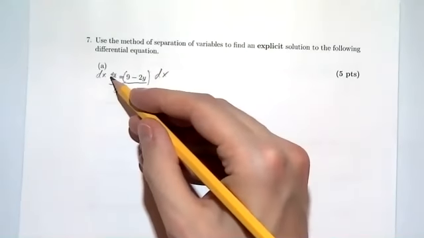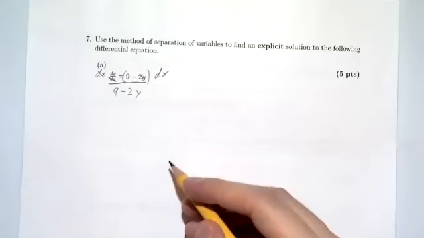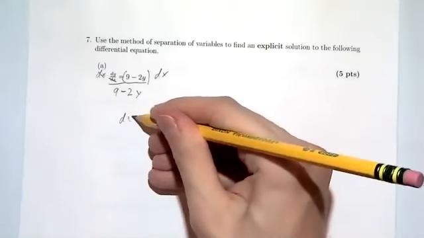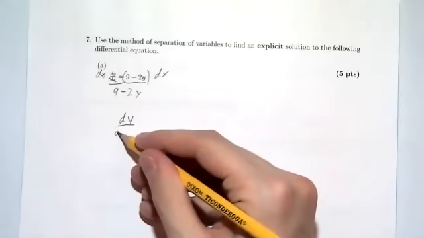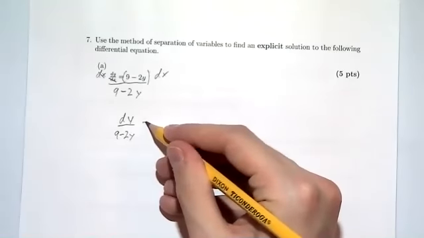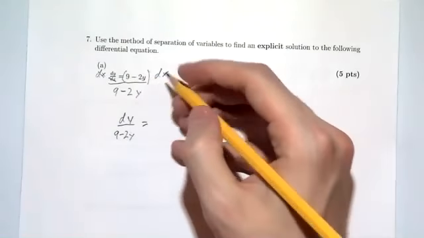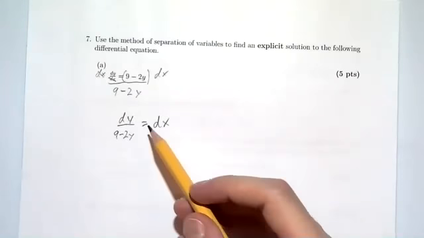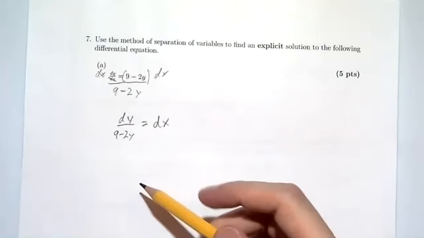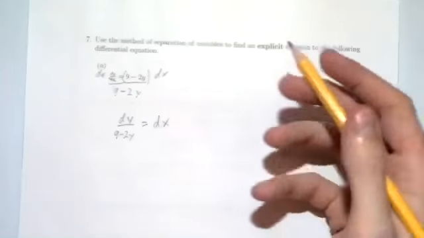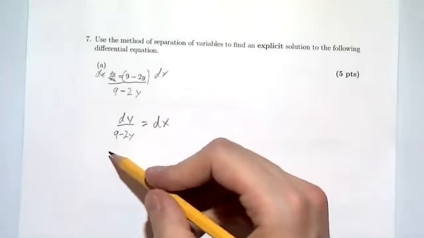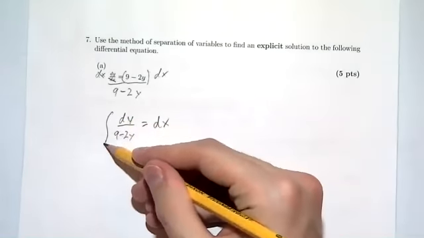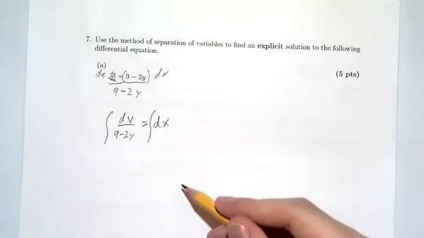So that cancels, and we get dy over 9 minus 2y is equal to, so this becomes 1 and then dx. So this is fairly straightforward here, but then once we try to solve for y, it gets a little more complicated. So we integrate both sides.